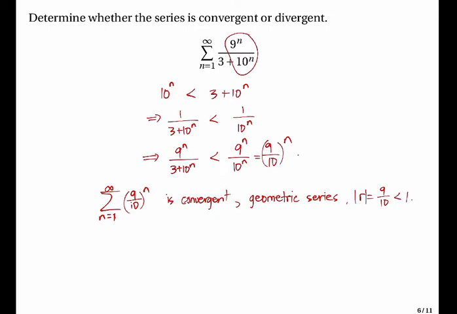And therefore, by the comparison test, the series 9 to the n over 3 plus 10 to the n, from 1 up to plus infinity, is also convergent.